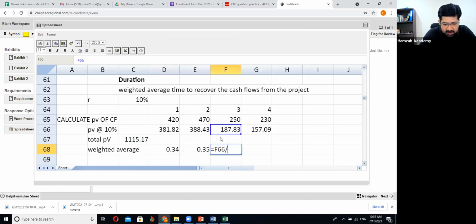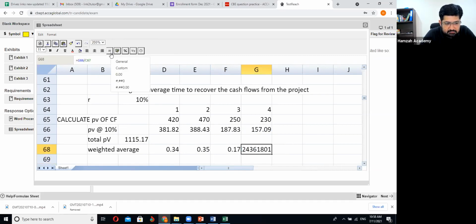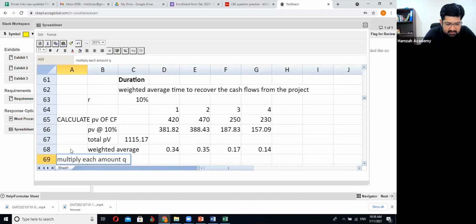Equal to this divided by this. Now, weighted average. Now multiply each amount with the relevant number of year.